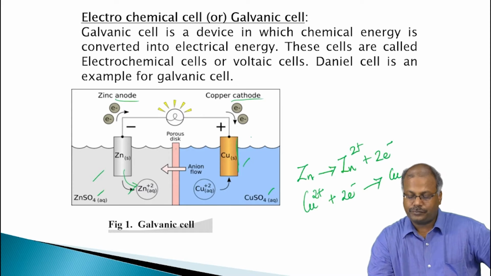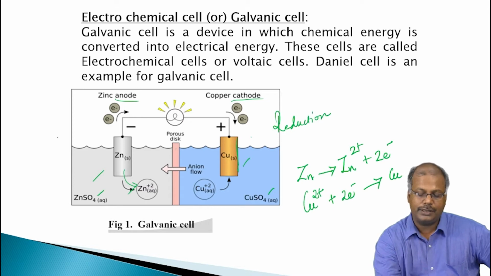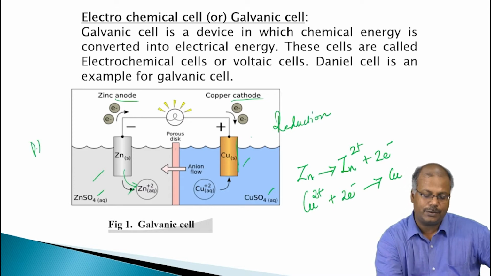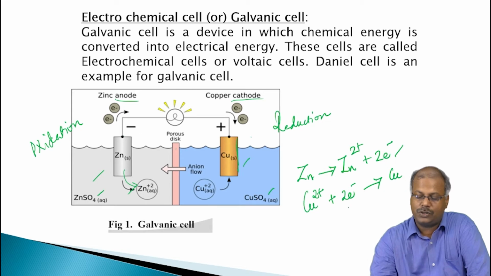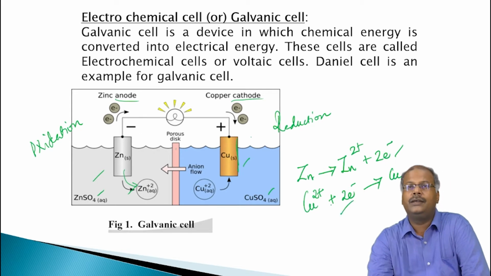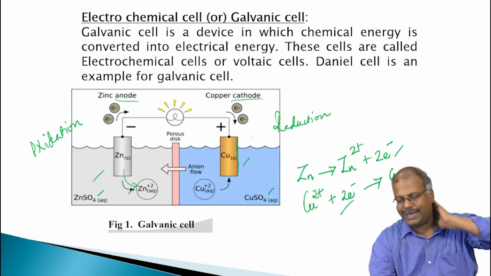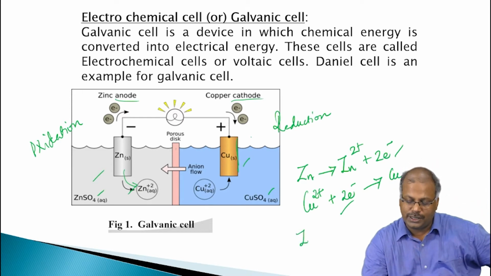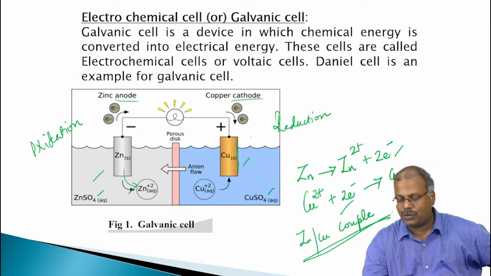So this side is a reduction reaction at the cathode, and at the anode it is an oxidation reaction. The oxidation reaction liberates electrons, and those electrons are accepted by copper in the reduction reaction. This constitutes a galvanic cell, called the zinc-copper couple, or zinc-copper electrochemical cell.